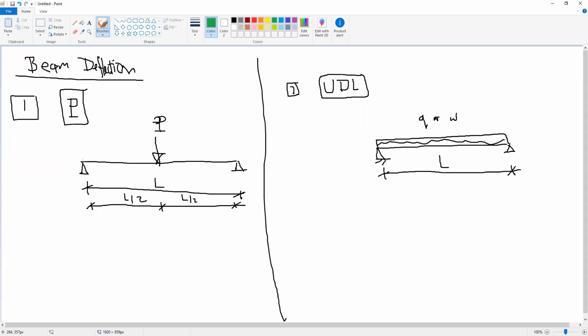The deflected shape will be something like this, and the maximum deflection will be in the middle, delta. The value of delta is calculated using the formula P L to the power 3 divided by 48 EI.